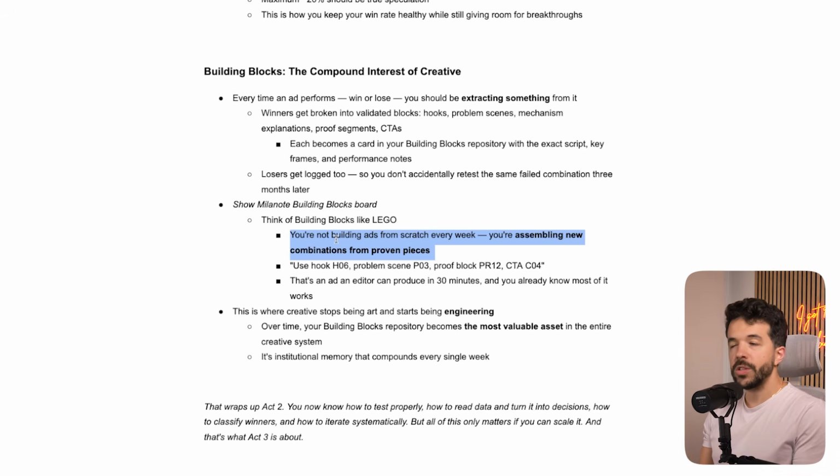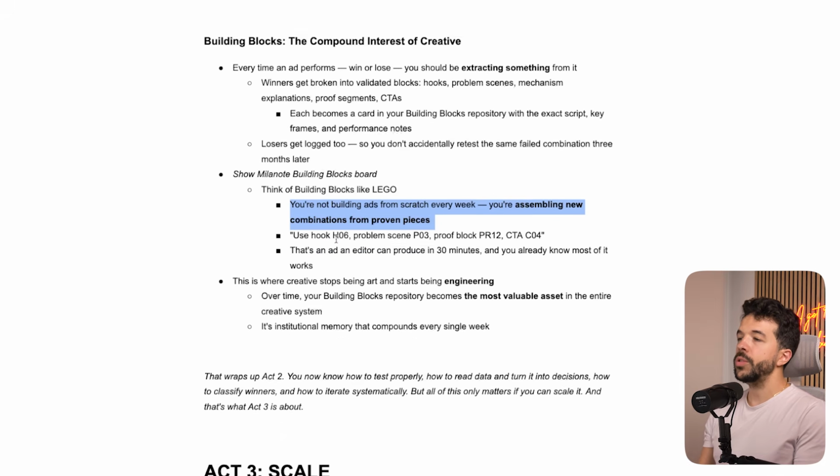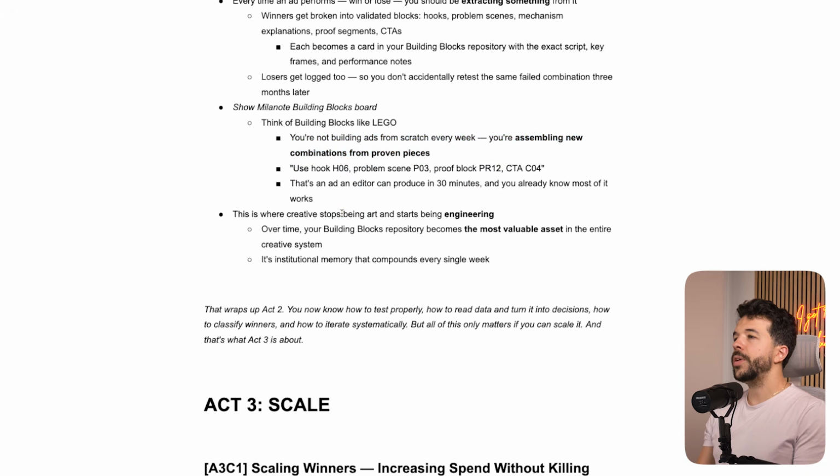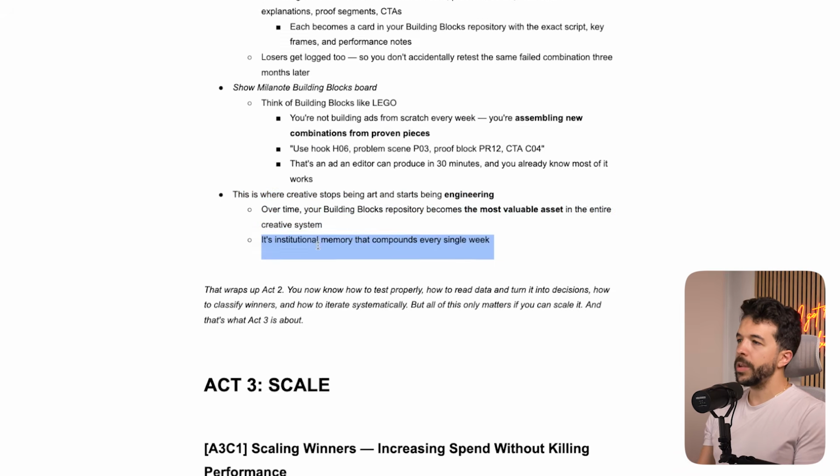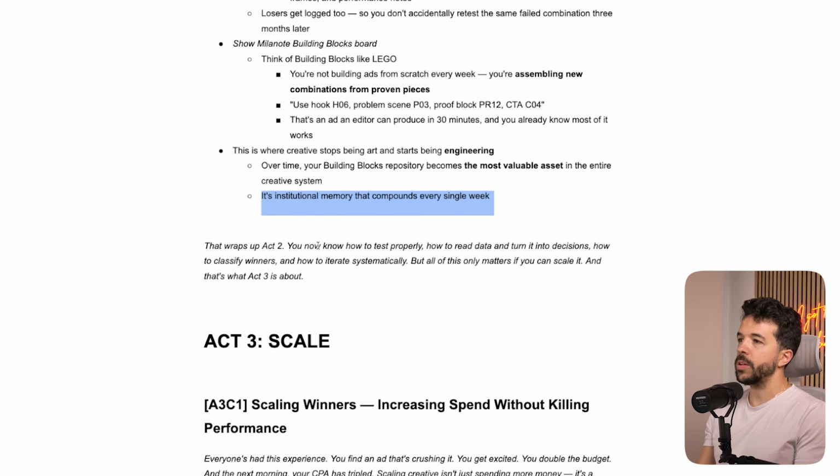So it becomes much easier for you to brief new ads, but also for the editor to produce new ones. And this is where creative stops being an art and starts being more similar to engineering. Over time, your building blocks repository becomes the most valuable asset in the entire creative system. It's institutional memory that compounds every single week.